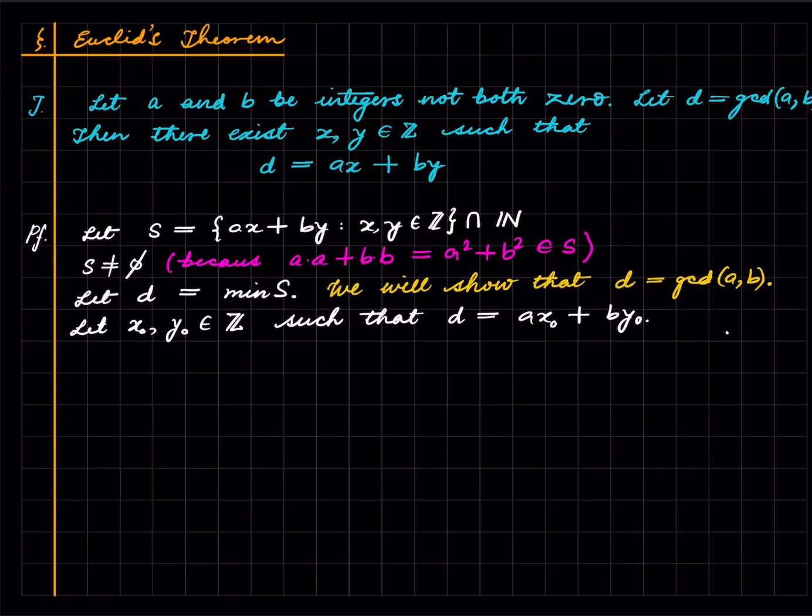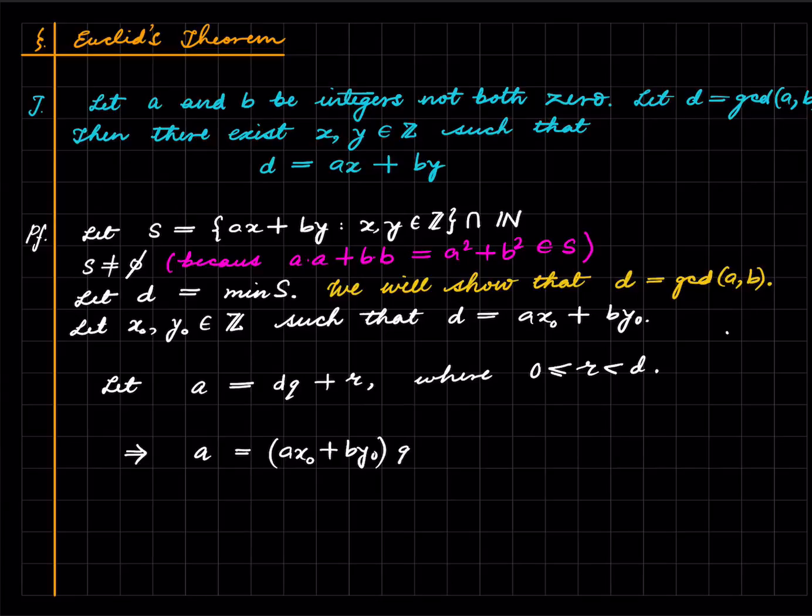Towards that, let a equal dq plus r, where this is the case, and this we can do by the division with remainder theorem. So this implies that a equals (ax0 plus by0) times q plus r, where r is, again, we need to remember this.